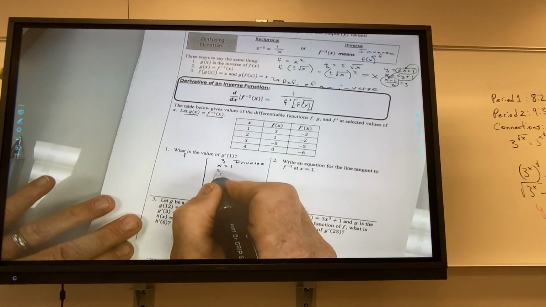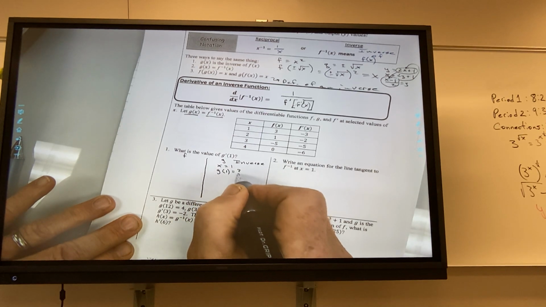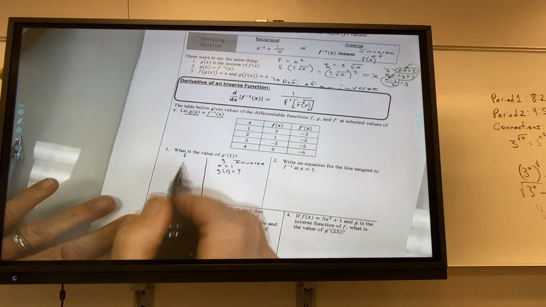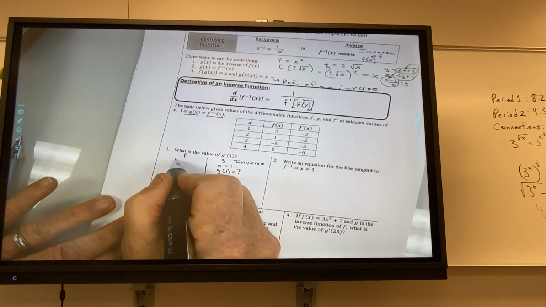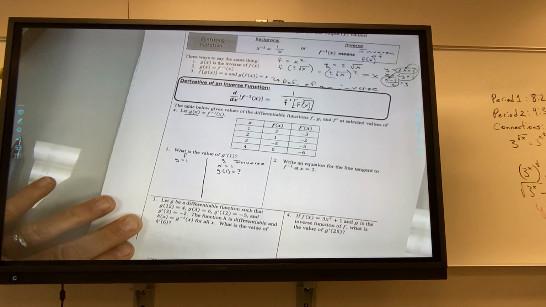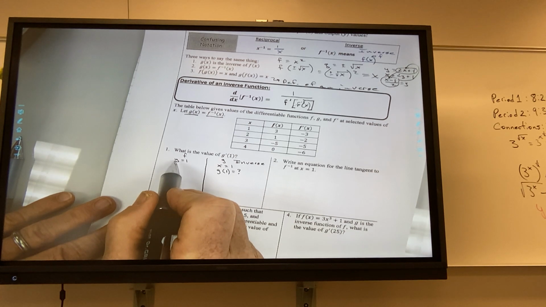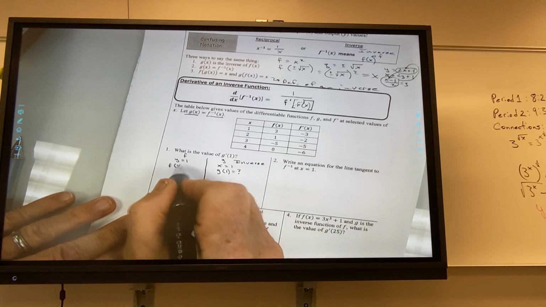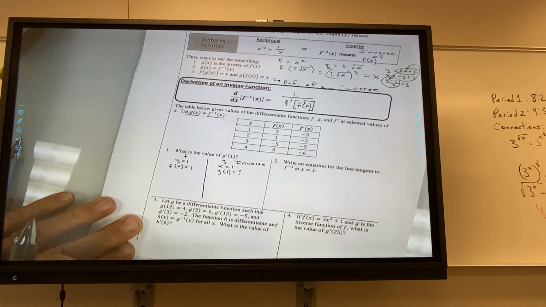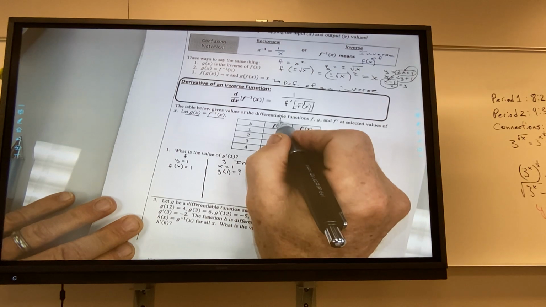So the question is, what is g of 1? So I come over here, 1 over here means that over here, y is equal to 1. Would you agree with that? Because the x values on the inverse are the y values on the function. So that means f of x equals 1. So I go to my table, here's f of x.